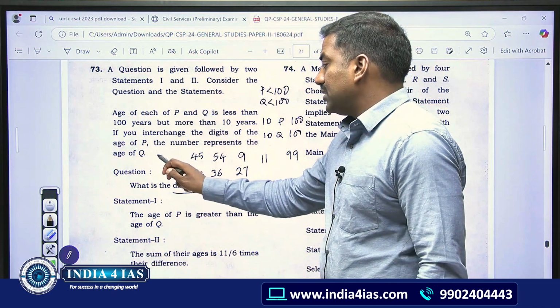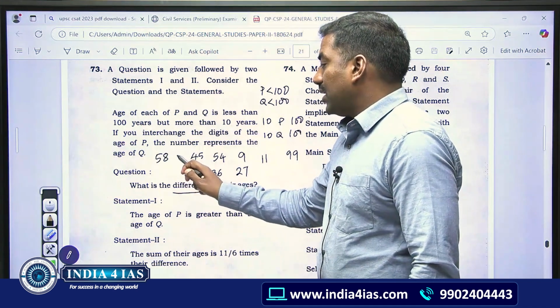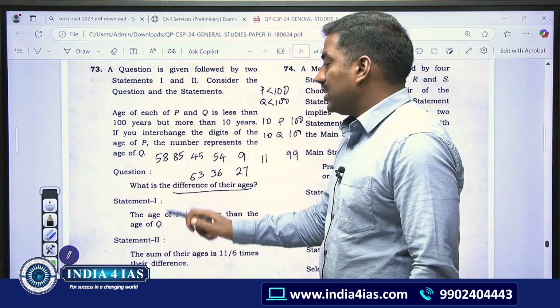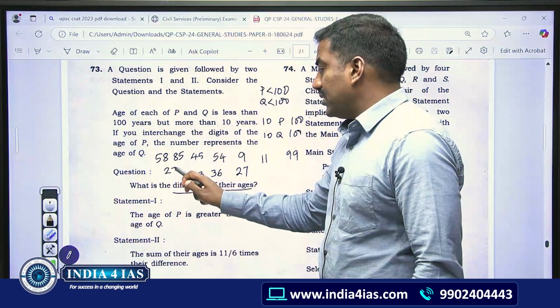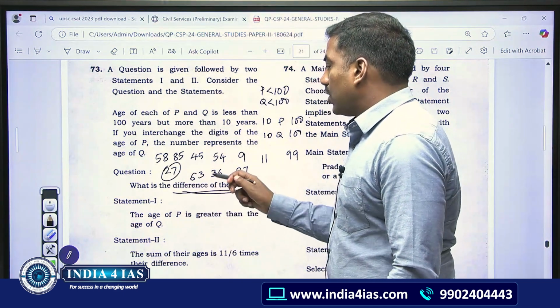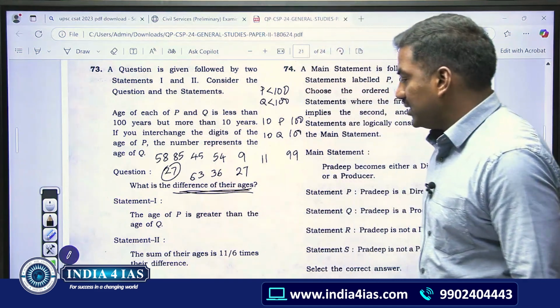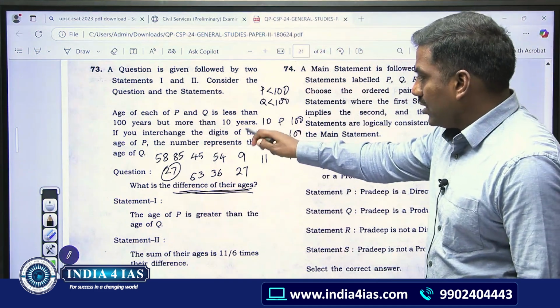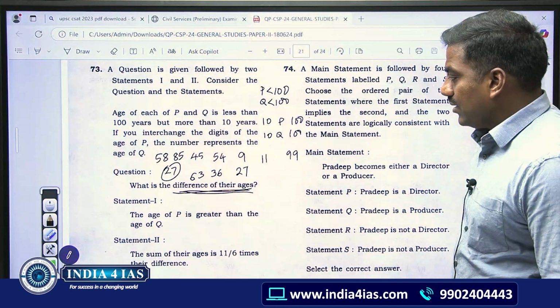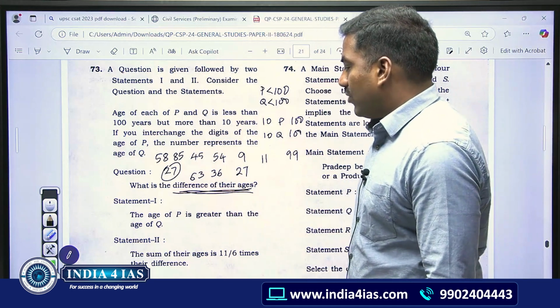If one's age is 58, the other is 85, and the difference is 27. So we cannot conclude what their difference of age is just like that, but we'll go to statement 1 alone.